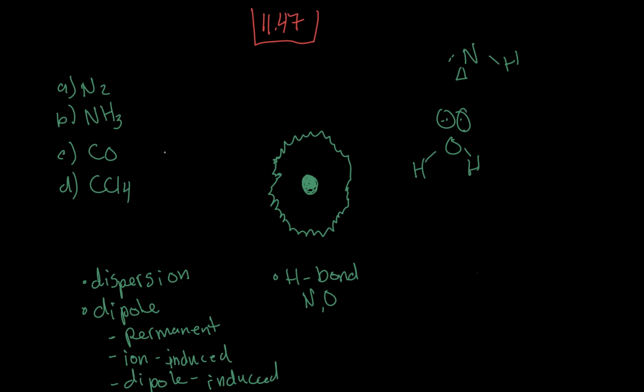This can induce dipoles in other nonpolar interacting molecules, right? This is also polar, right? This is going to be capable of hydrogen bonding in addition to dipole induction and such. And nitrogen is also nonpolar, similar to the carbon tet over here. And all four of these are going to be capable of dispersion forces because all four species have electrons present.